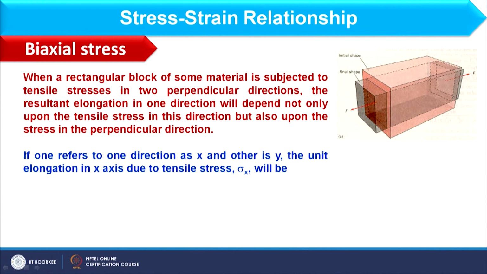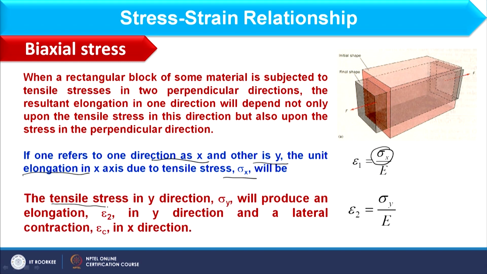So, if one direction is x and another direction is y, the unit elongation in the x direction due to tensile stress sigma x will be epsilon 1 equal to sigma x by E. That is due to sigma x only. And tensile stress is also applicable in the y direction, that would be sigma y, and the elongation due to this in the y direction we represent as epsilon 2.